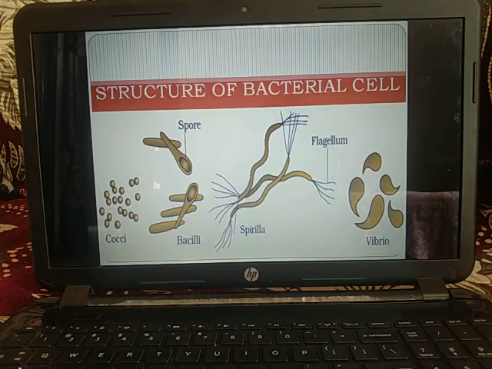Bacteria which retain the blue or purple color are known as gram positive bacteria, for example Bacillus subtilis. Bacteria which do not retain any stain and become colorless are termed gram negative bacteria, for example E. coli. Gram negative bacteria are commonly stained with safranin.